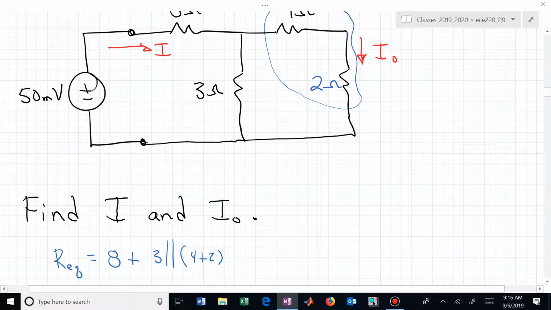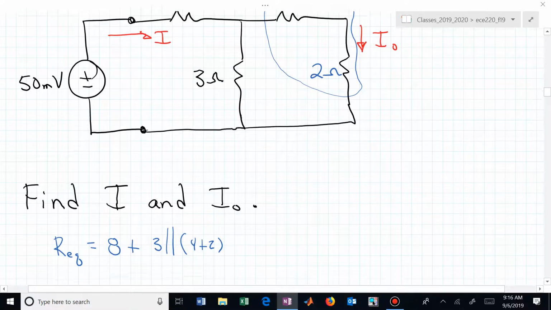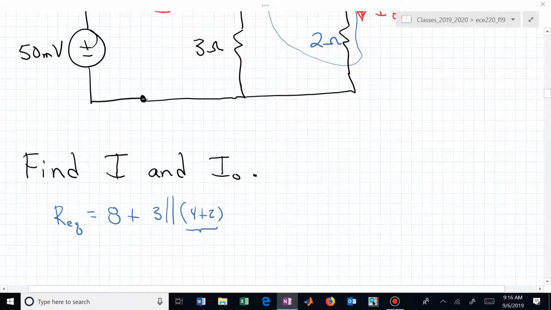Does that shorthand notation make sense? And what is 4 plus 2? Boy, we're really going hardcore on the math skills this morning. We're adding 2 and 4, but we're going to get 6. Now we need to combine 3 and 6 in parallel.